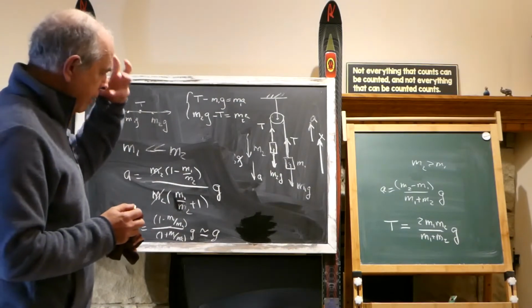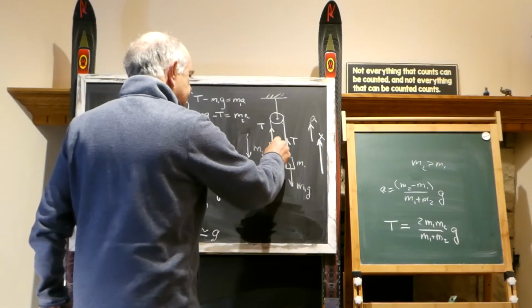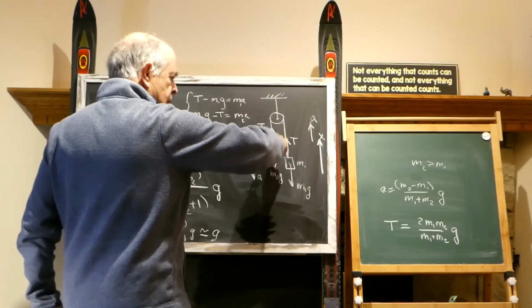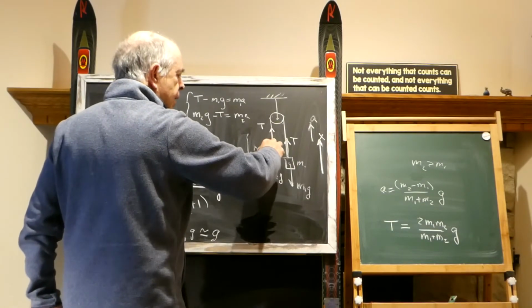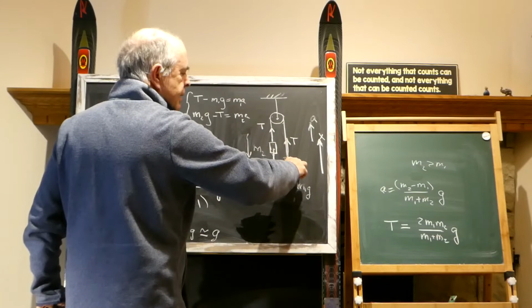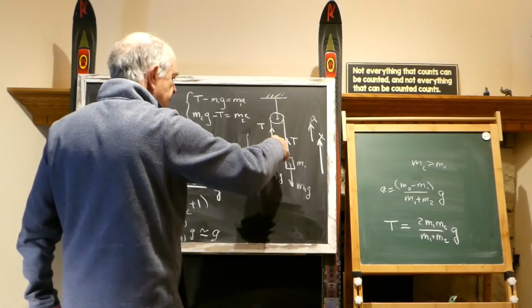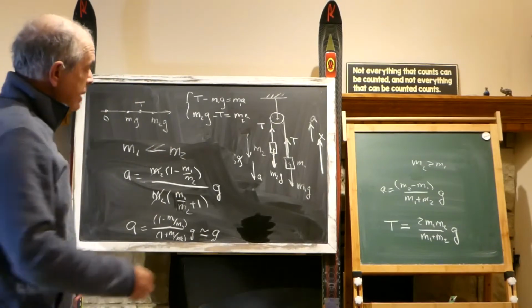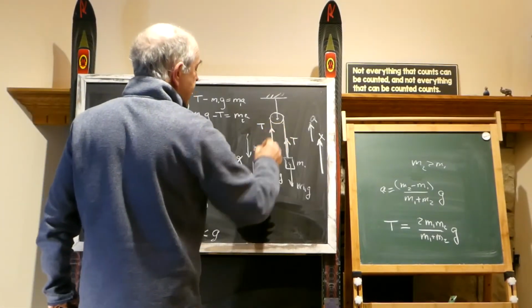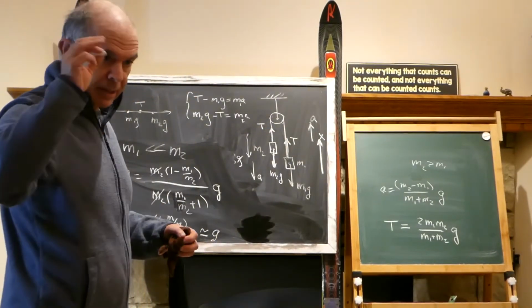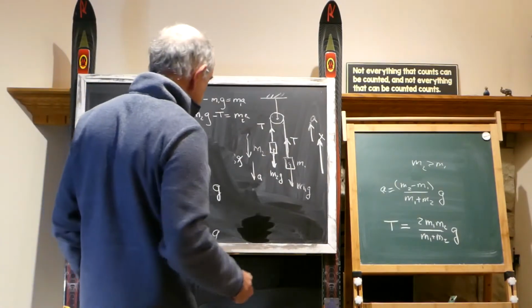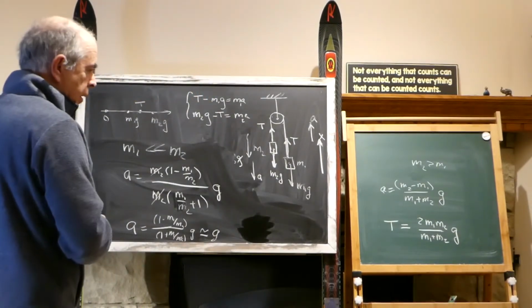It's very reasonable that when mass m2 is bigger than m1, m2g is much bigger than anything else and it falls down. Let's take a look at what happens with T. Because in order for that to fall down, T is supposed to be very, very small.